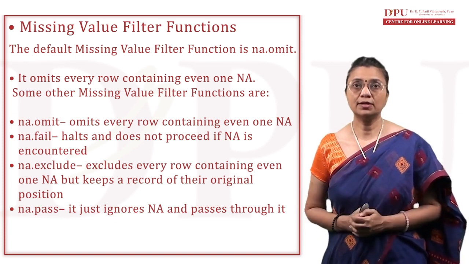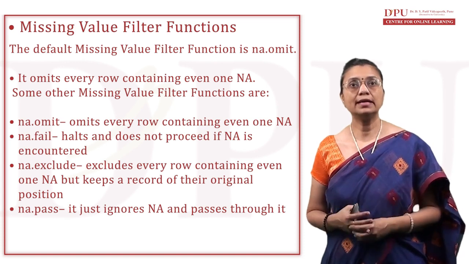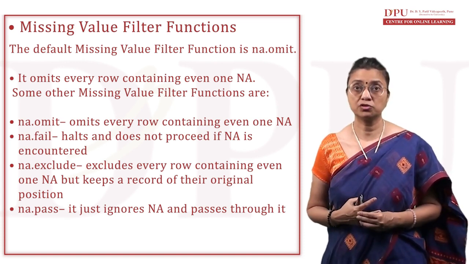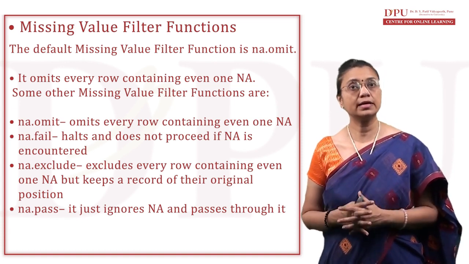The second missing value filter function is na.fail. Now na.fail is a missing value filter function which halts and does not proceed if NA is encountered.